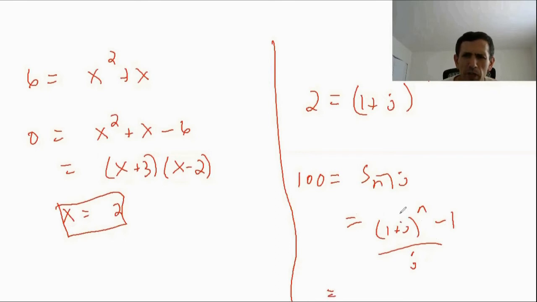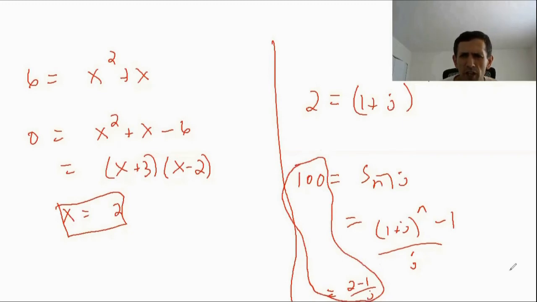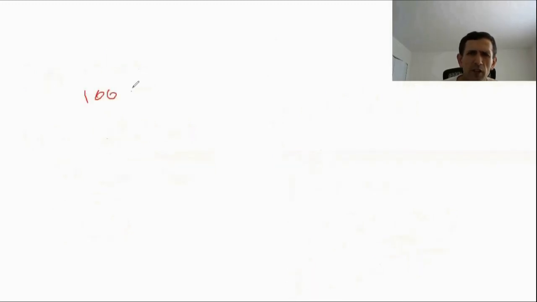So this is going to be just like before, 2, because we just found it 2 here. 2 minus 1 over j. So 100 is 2 minus 1 over j. So j is going to be 1 over 100.01.